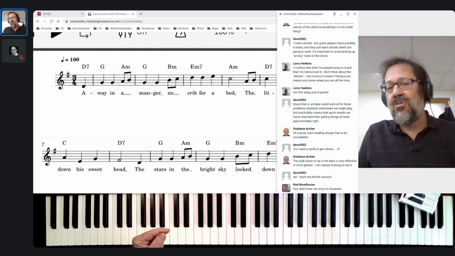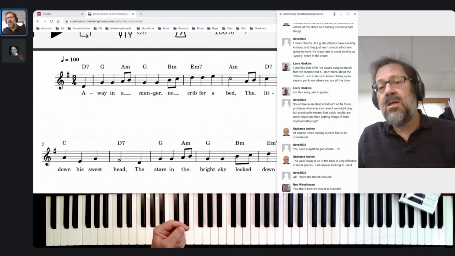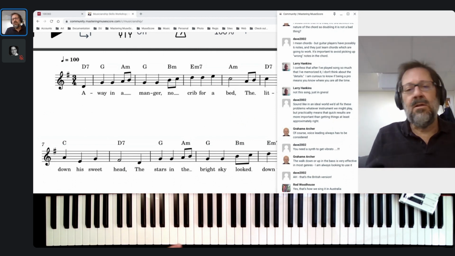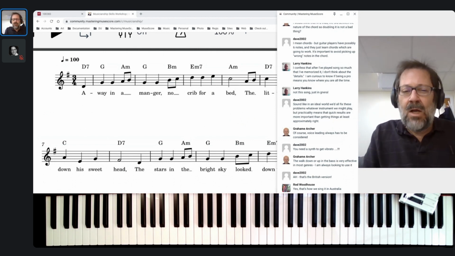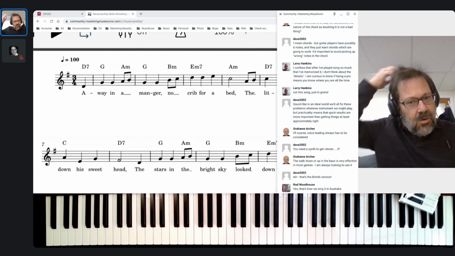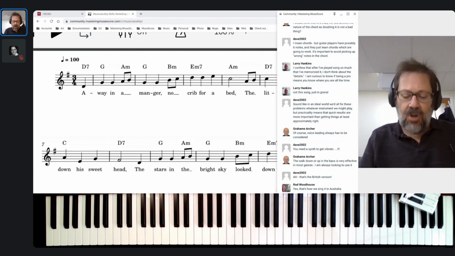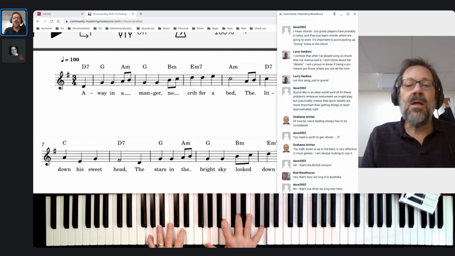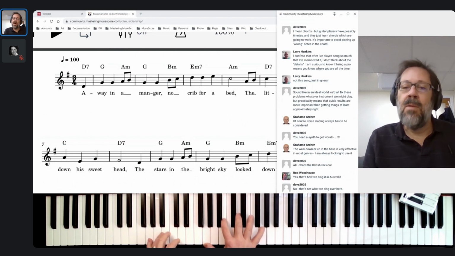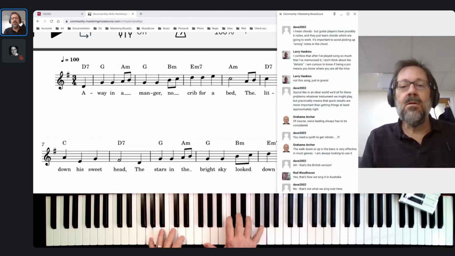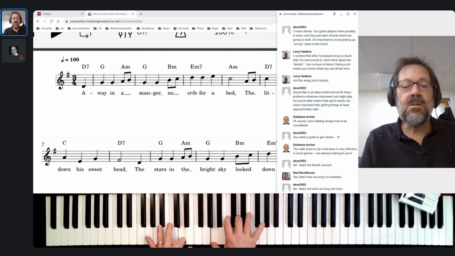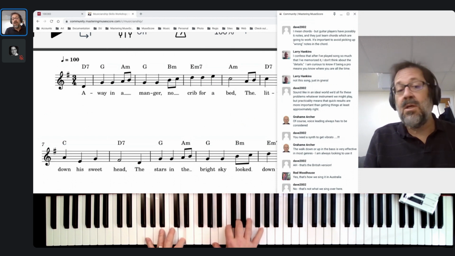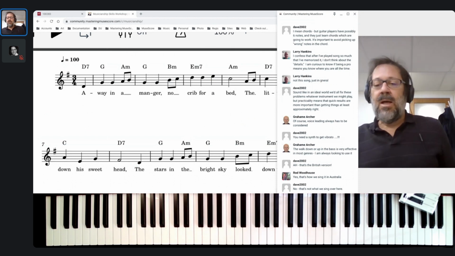This is a melody that's also Flow Gently, Sweet Afton, right? Which is, I think, Welsh or British, some form of island type song. The American melody is: Away in a manger, no crib for a bed, the little Lord Jesus laid down his sweet head. That's the other melody.